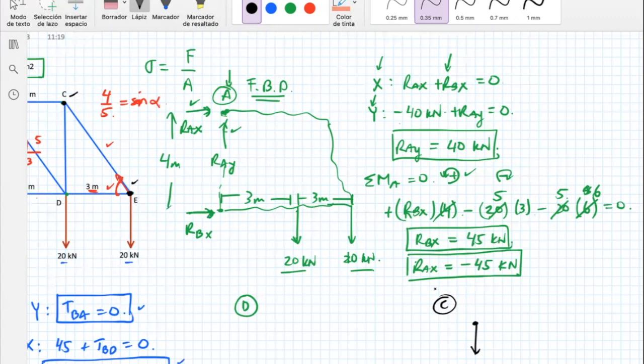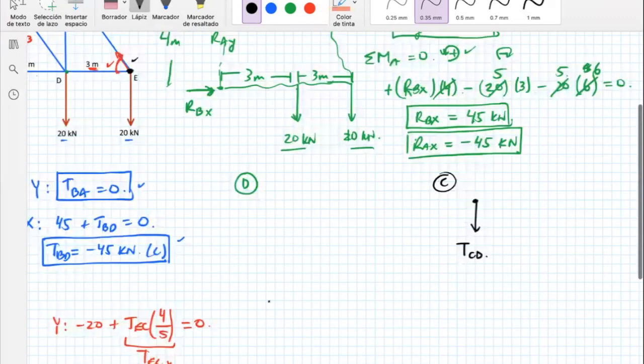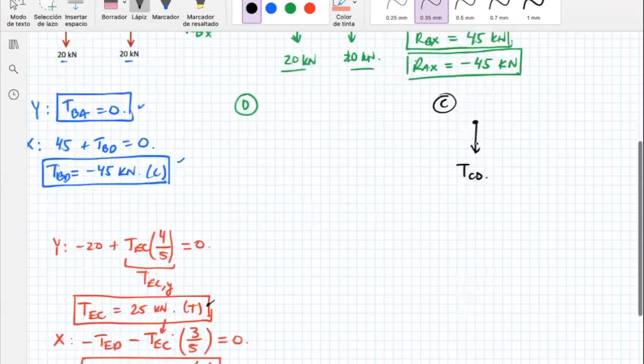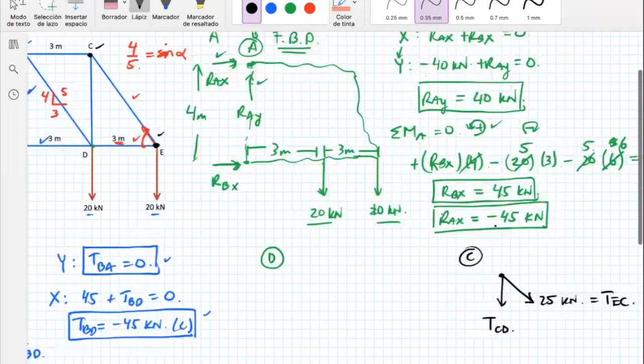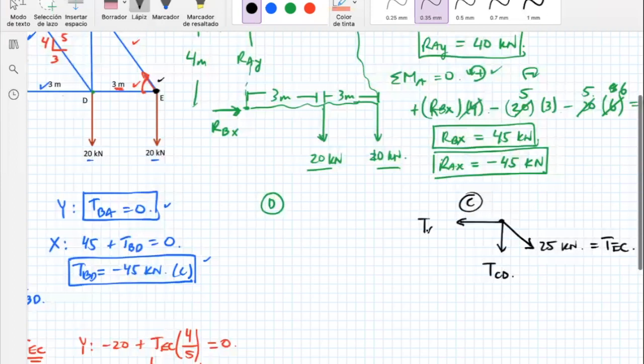Therefore, I'm going to draw it as in tension, and I actually know this one. It's 25 kilonewtons, if you know TEC. And now I have this other one, AC, that I don't know. So I'm going to put here my TAC.